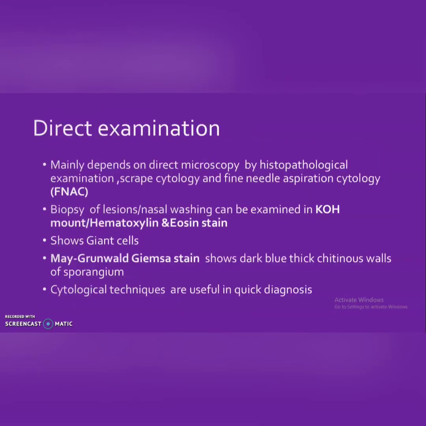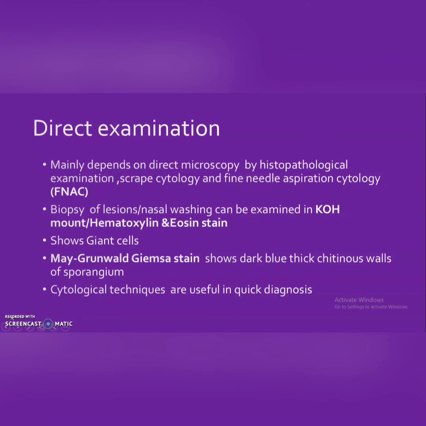First we will see direct examination. Direct examination mainly depends on direct microscopy. This is by histopathological examination. Here scrape cytology and fine needle aspiration cytology, that is FNAC, can be used.